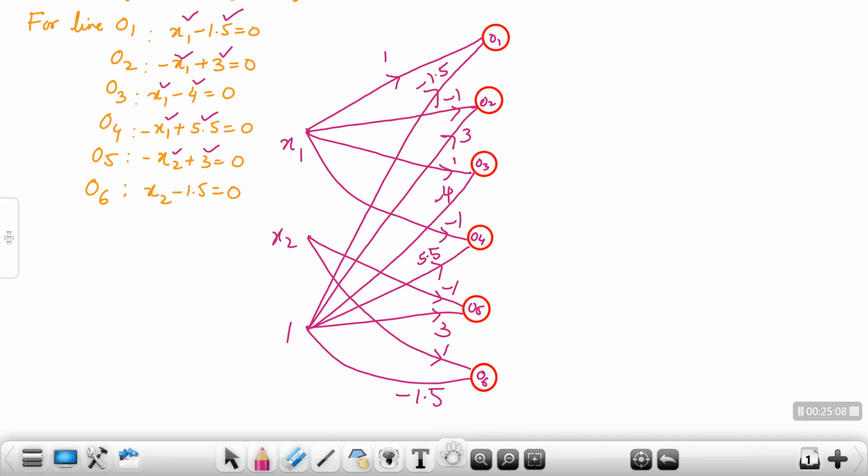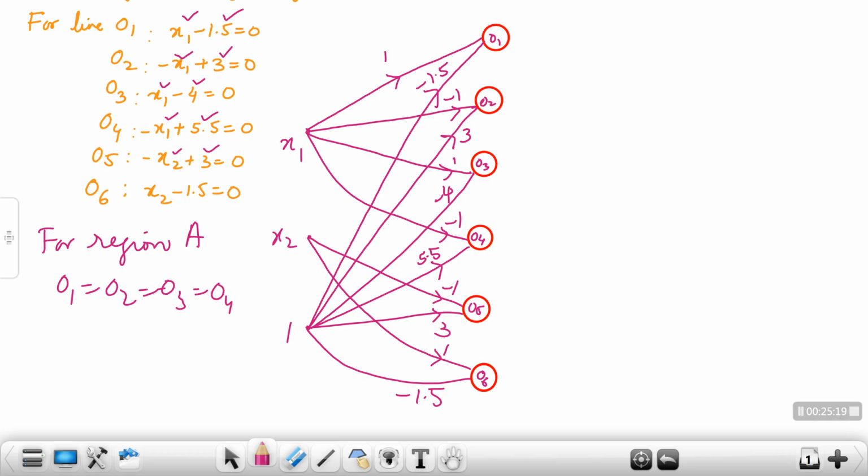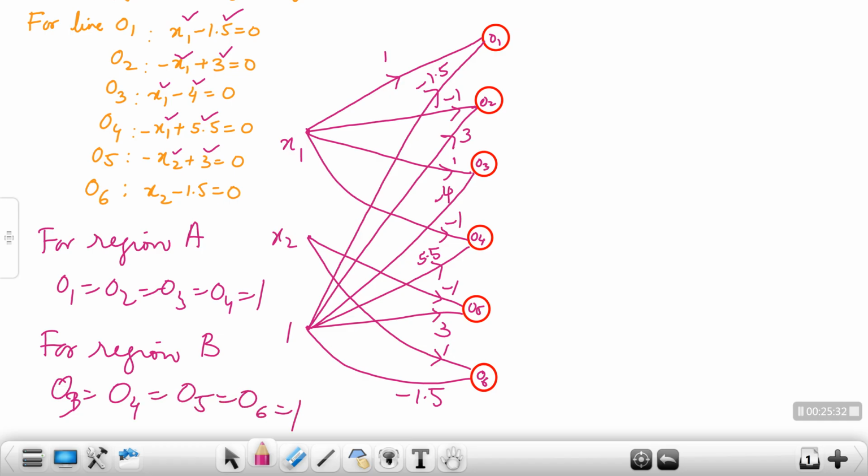For region A, I have O1, O2, O3 and O4 equal to 1, and for region B, O3, O4, O5 and O6 equal to 1. So I draw another neuron here, a second layer of neurons.